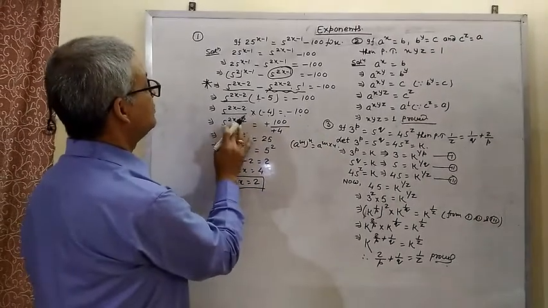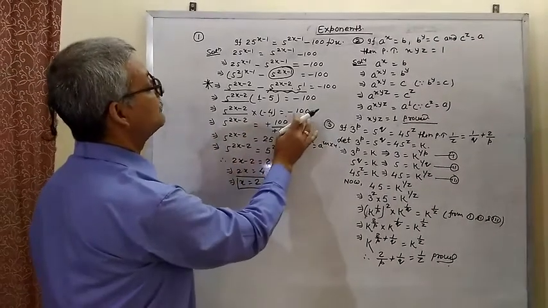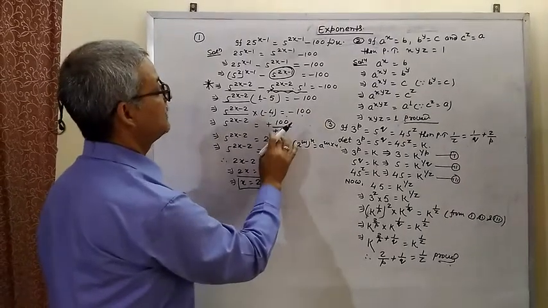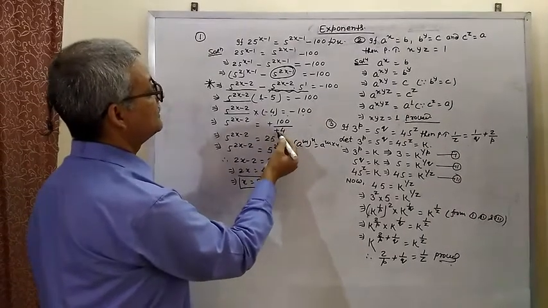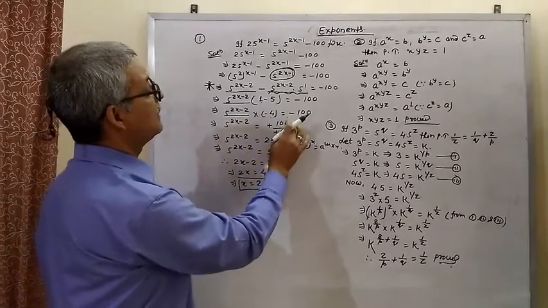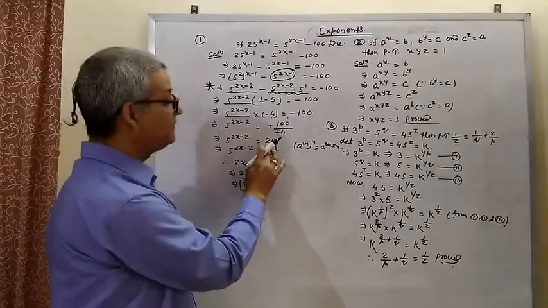Now 5 to the power 2x minus 2 is equal to minus 100 divided by minus 4. This minus 4 goes to this side, so divided by minus 4. Minus minus plus. 5 to the power 2x minus 2 is equal to 100 divided by 4, that is 25.